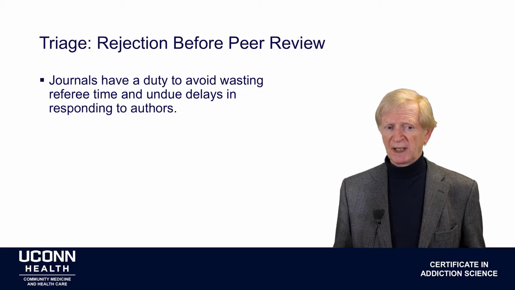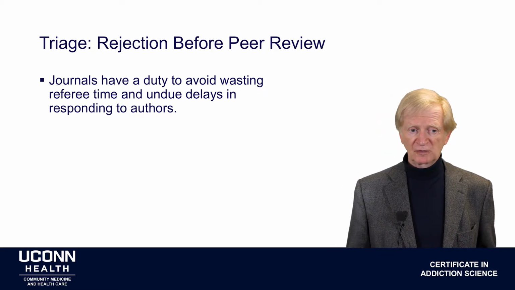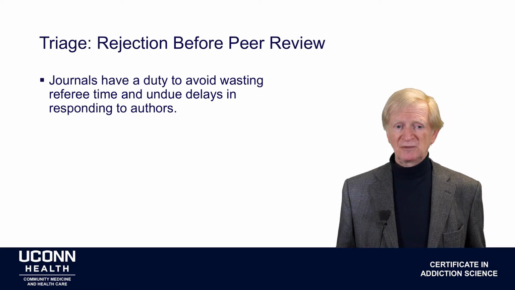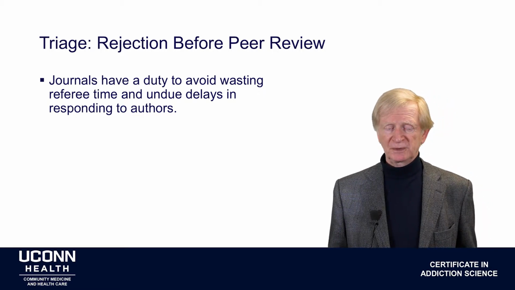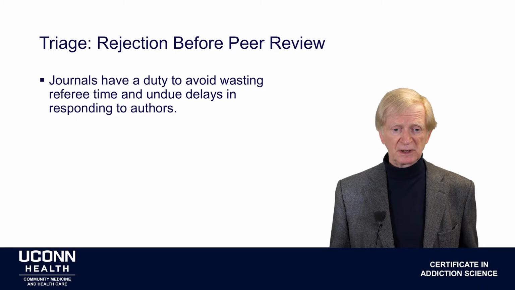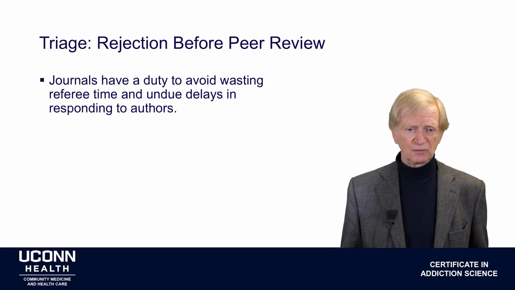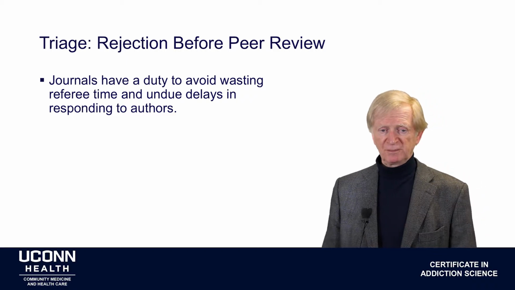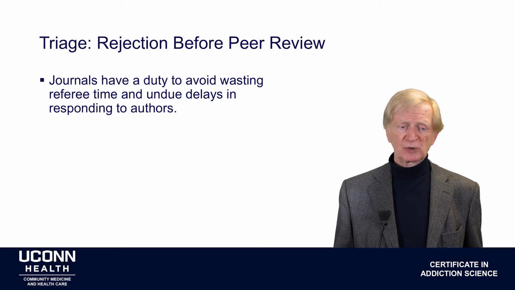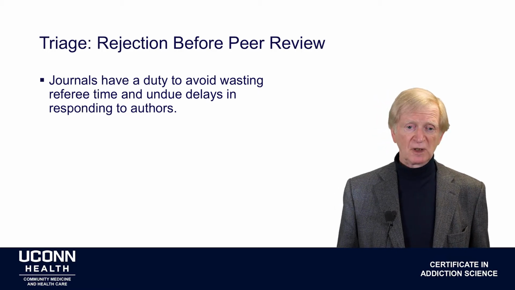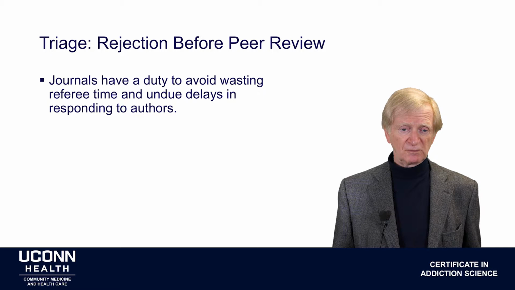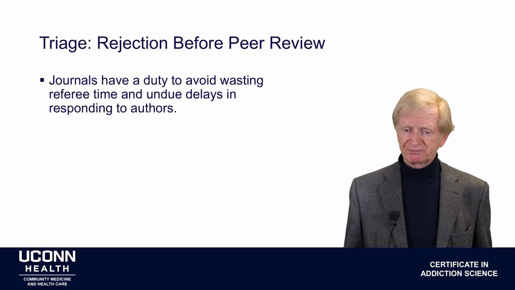In the journal that I manage, the Journal of Studies on Alcohol and Drugs, we try to give each author a complete or a relatively complete explanation of why we're not proceeding to peer review. And we triage as many as 50% of the submissions to our journal.